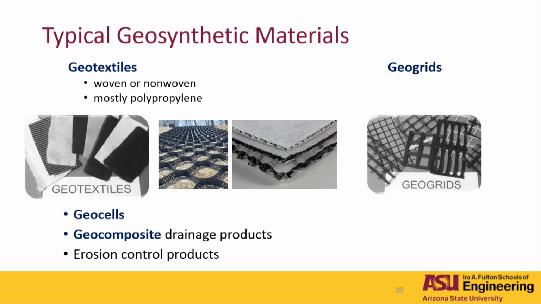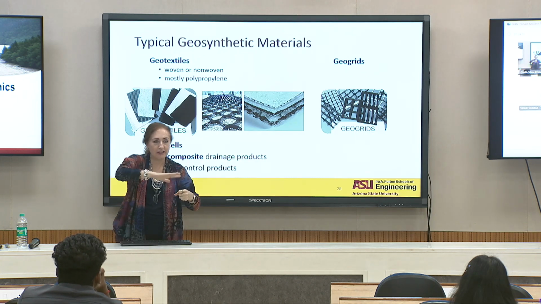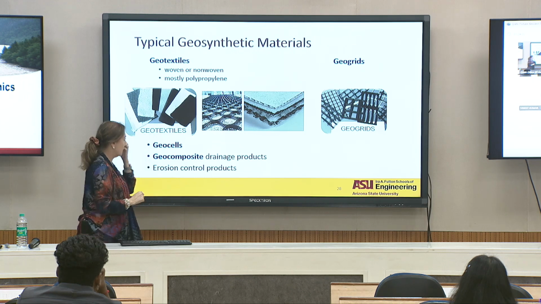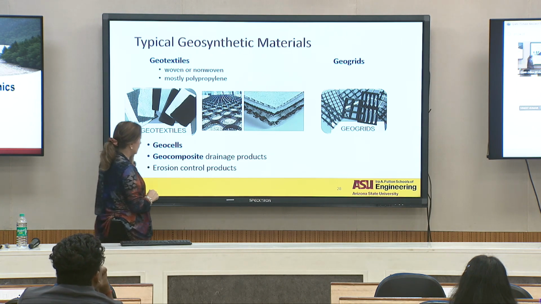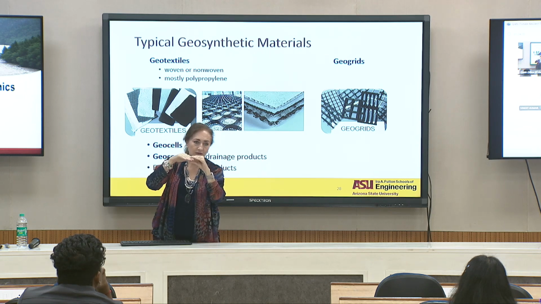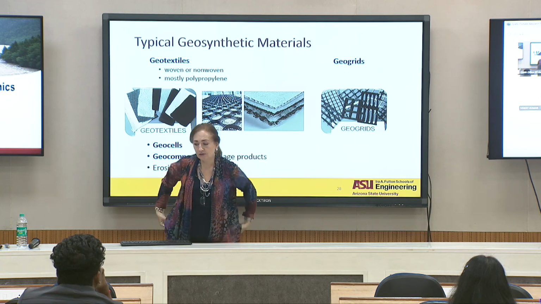You also have geocells, and geocells are very interesting. You just basically open it and fill it up with soil, and then you basically make a big layer, right, of stabilized material. Geocomposite drainage products like wicking drains. Basically, you have geotextiles and something else, with some wicking elements or fibers in the middle, that I'm going to show you in a minute, that give higher permeability for the water to get out.